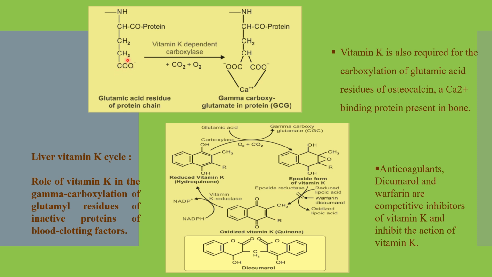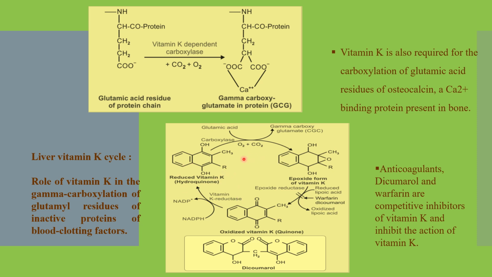Initially there was only one carboxylic acid group in the side chain. Now there are two carboxylate groups present, and these groups can chelate or bind with calcium. At this stage, prothrombin can easily attach itself to the platelets, and this is how it is activated.